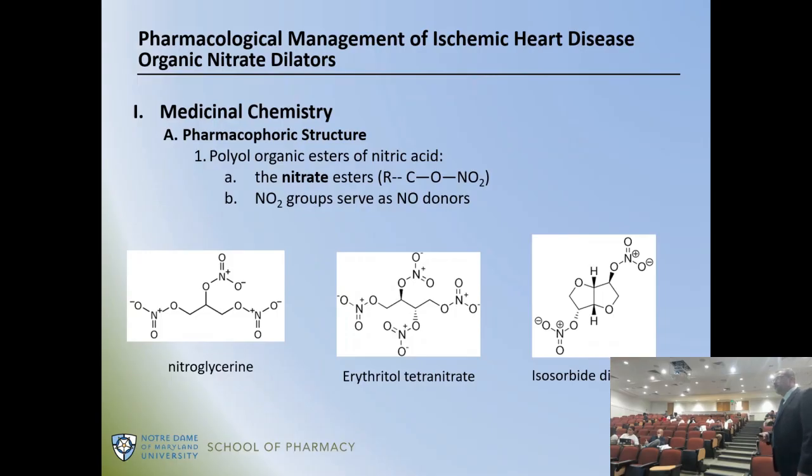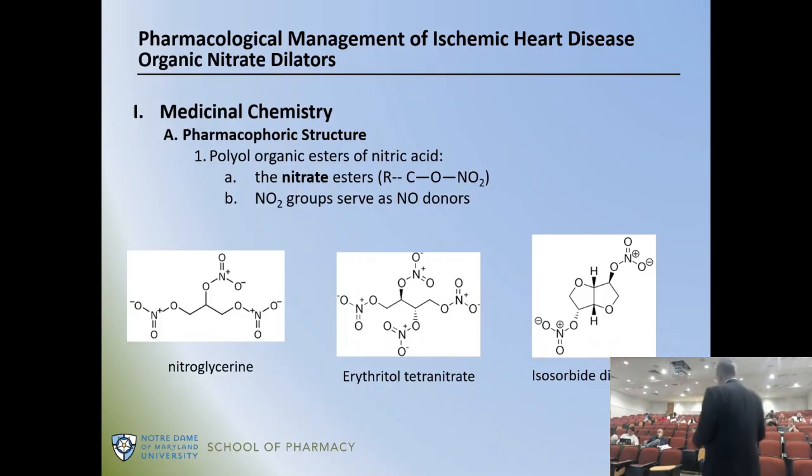In erythritol tetranitrate, we've got 4: 1, 2, 3, and 4. And in isosorbide dinitrate, we've got 2. That's where your nitric oxide comes from in these drugs. The nitrate groups serve as nitric oxide donors.